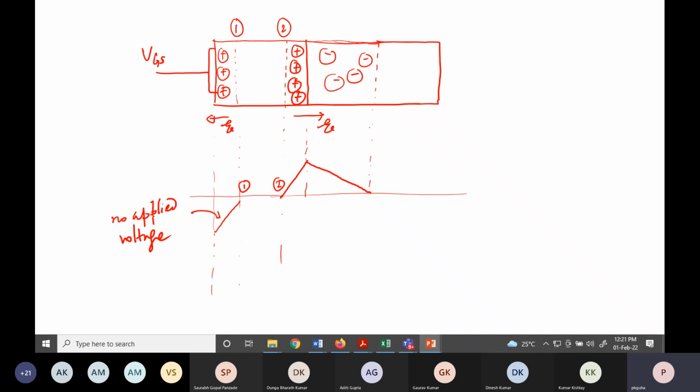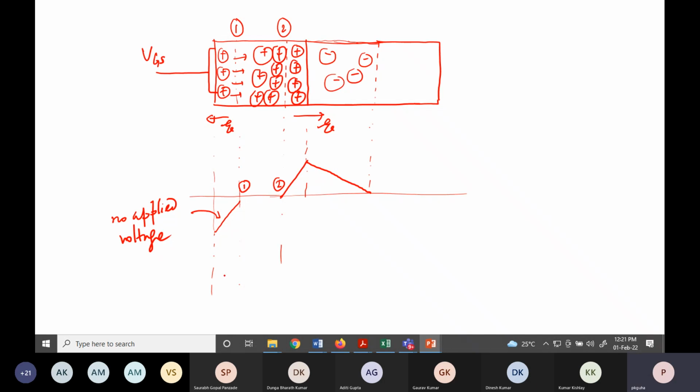Now if we increase the applied voltage, this depletion region will expand, as I mentioned in the previous slide, and ultimately if you keep on increasing the applied voltage at the gate, this depletion region will touch point 2.